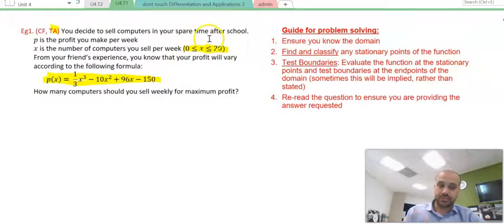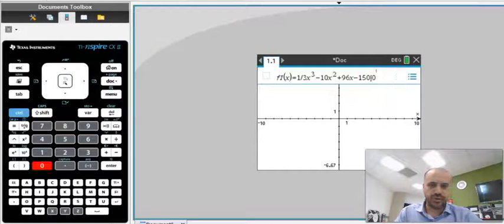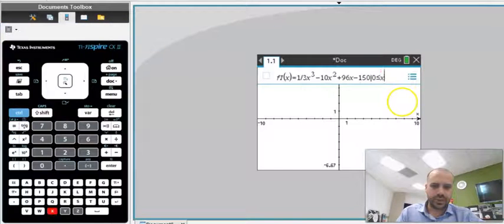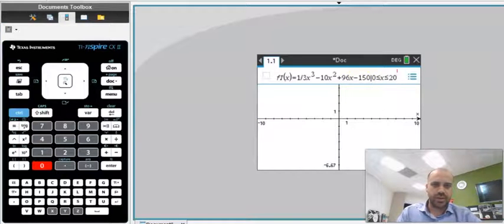It's really important that you write in including, if it does include. Back to our calculator, the function such that 0 less than or equal to x less than or equal to 20.